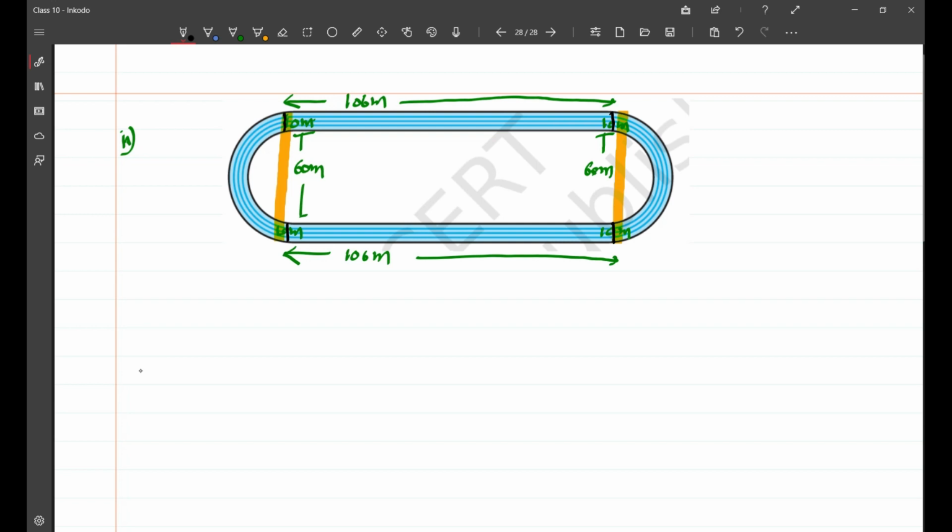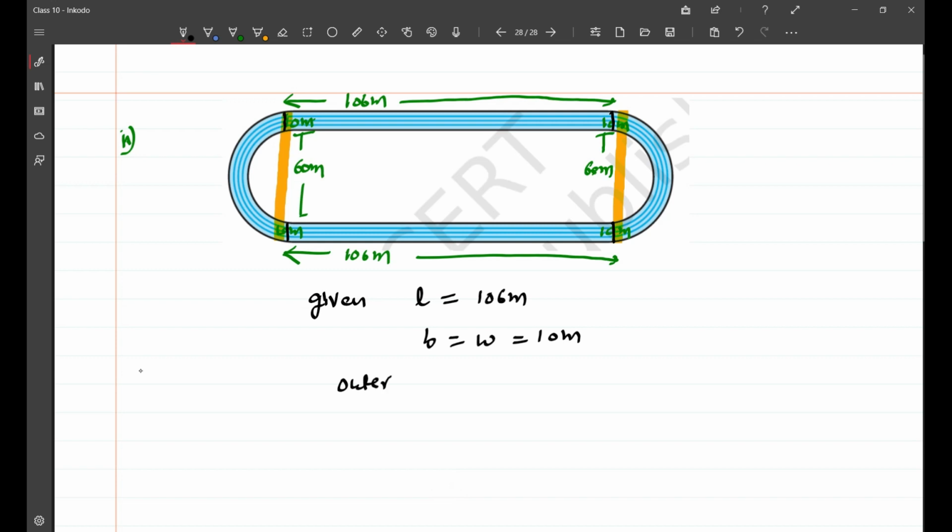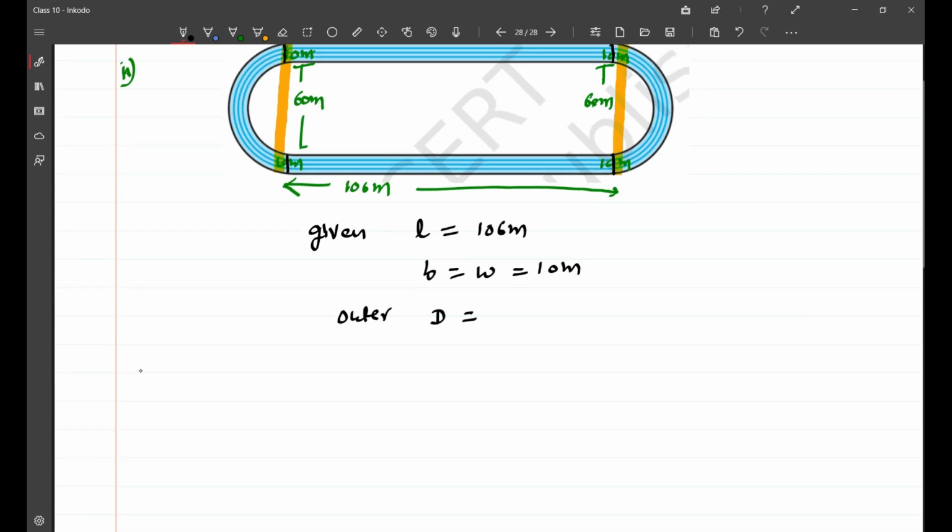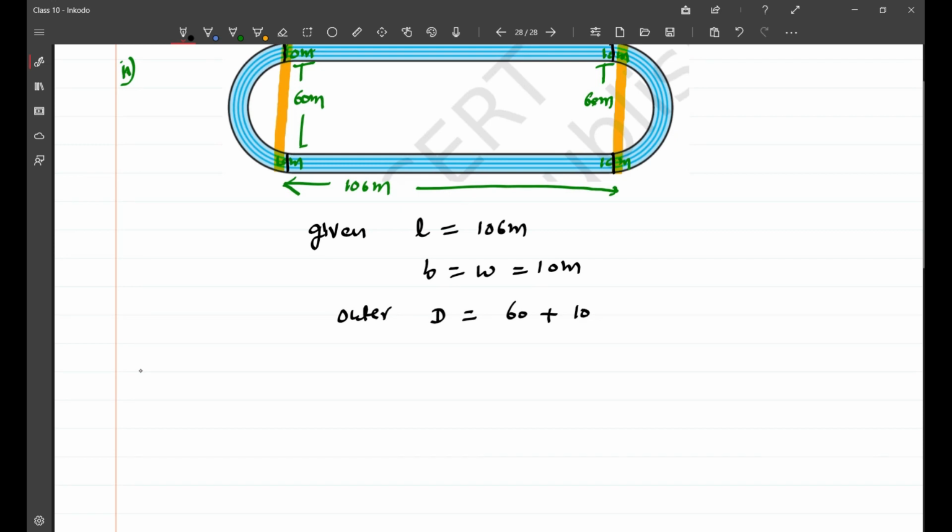Firstly, let's write the data. Given length L equals 106 meter and breadth, or width of this track, is equal to 10 meter, and outer diameter is equal to 60 plus 10 plus 10.